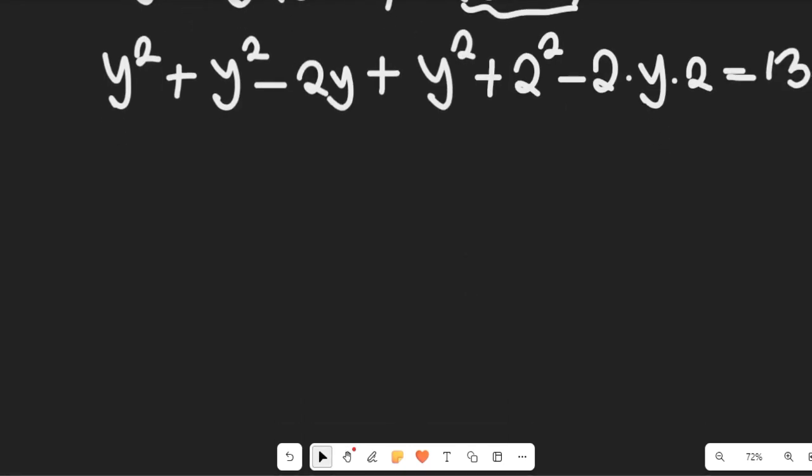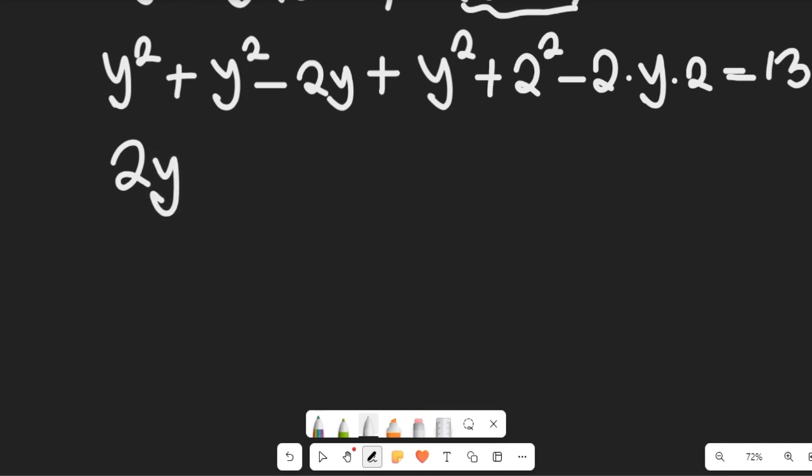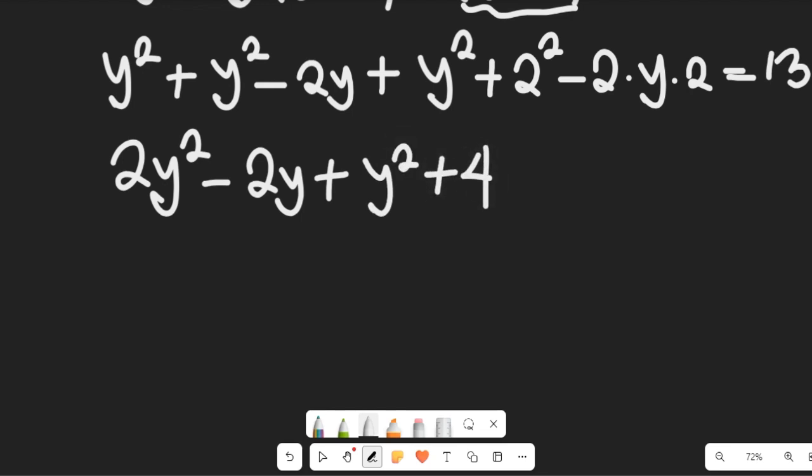If I simplify further, I'm going to have this become 2y square minus 2y plus y square plus 4 minus 4y equal to 13.